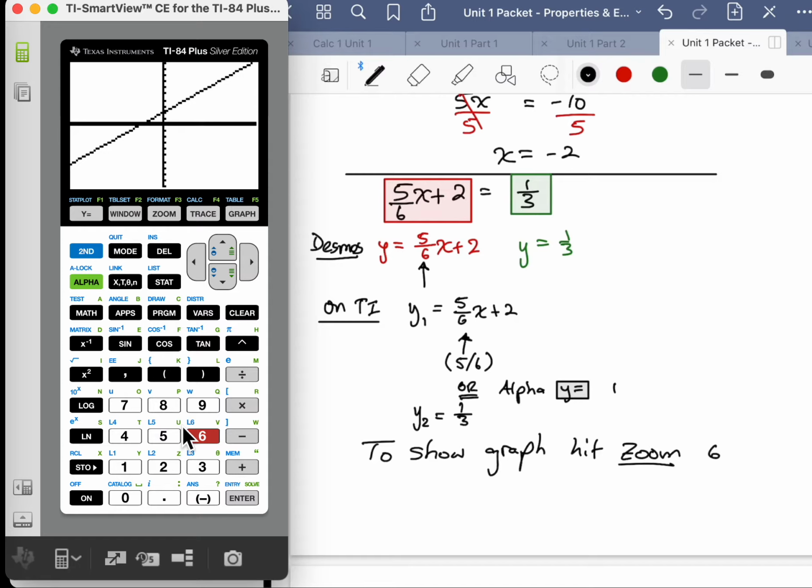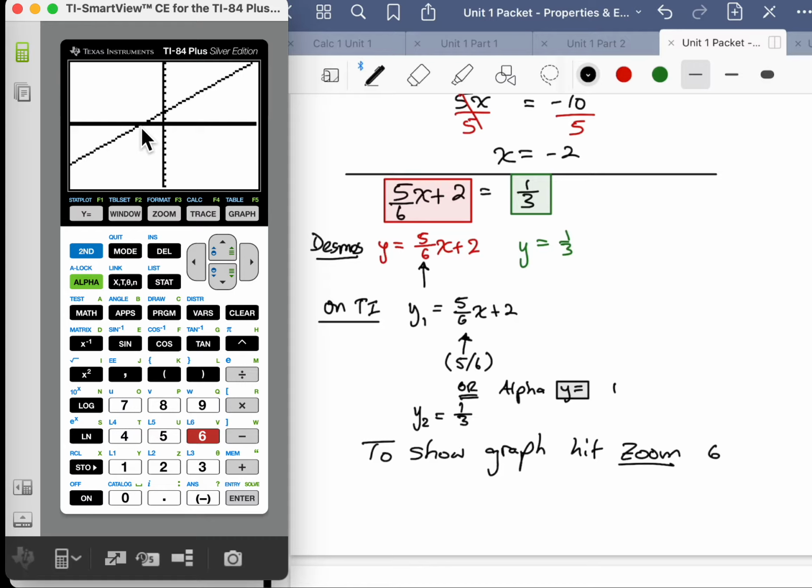It's definitely not as good looking as the Desmos graph, unless you got the nice color screen. But that's fine. We do know that there's a horizontal line here, y equals 1/3, and a diagonal line, and they cross. This is the part that people typically will not enjoy doing, at least initially, because it's a couple of extra steps.